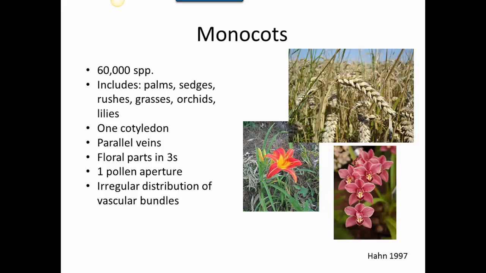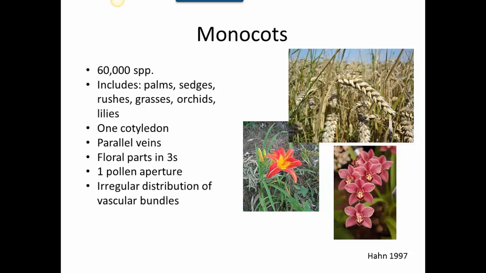There are about 60,000 species of monocots globally, and this includes plants like palms and sedges and rushes and grasses, and plants with showy flowers like orchids, which we see pictured here, and lilies, which we see pictured here. These plants are going to have all of those characteristics that I showed you in the chart for the monocotyledons, or the monocots.